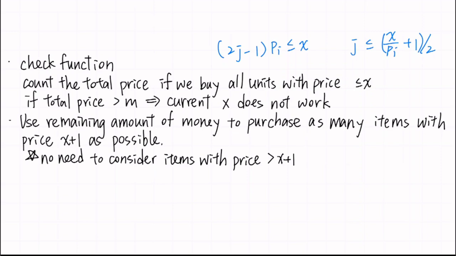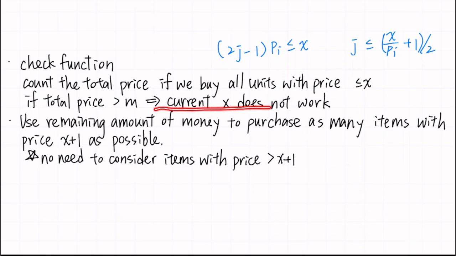And if the total price after we look at all of the n products is greater than M, then this means that the current X, which is the maximum amount of money that we spend on one unit, does not work and we need to get a smaller value.